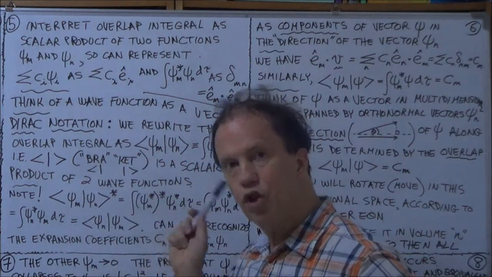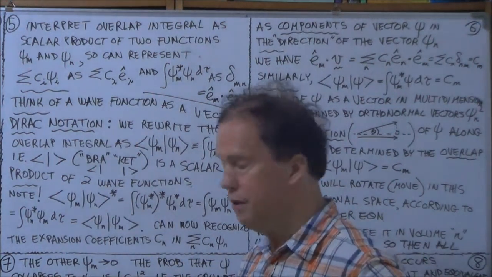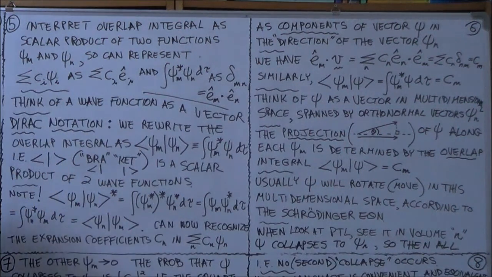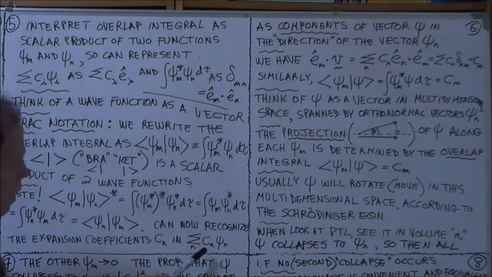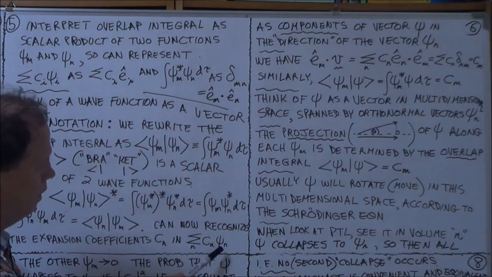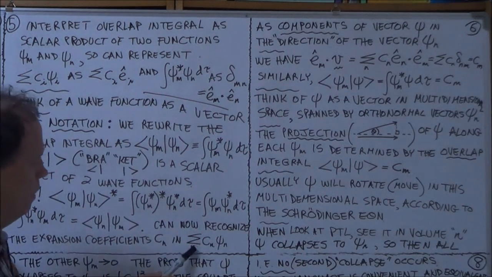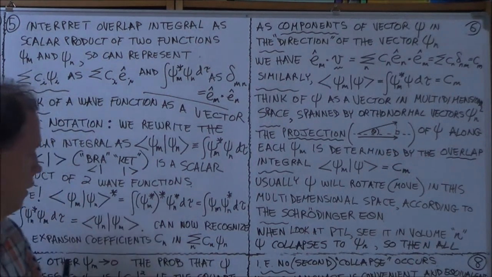Now continue on with interpreting the wave function as a vector. Have a look at this here. Here you have a superposition, right? You're adding wave functions, multiplied by complex numbers, and adding them. So this whole thing here is a superposed wave function.